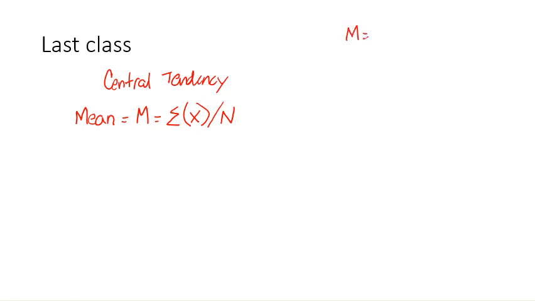M equals mean. The sigma sign equals sum, x equals score, and n equals the number in the sample, the number of individuals.